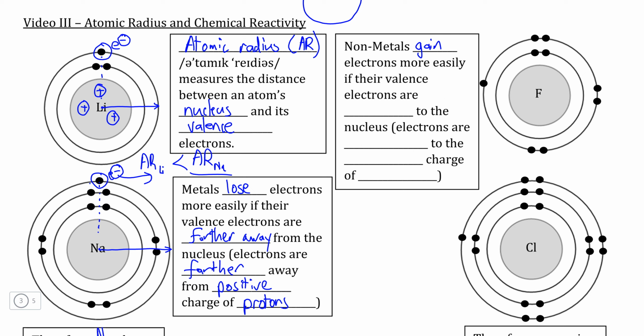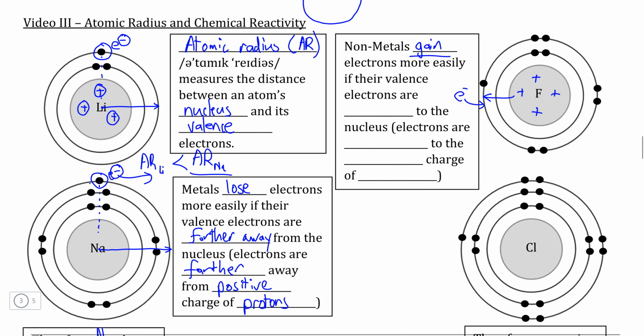Now, if the goal of a nonmetal is to gain electrons, that must mean that the positive charge of a specific element is more important in terms of being able to attract electrons into its valence shell.